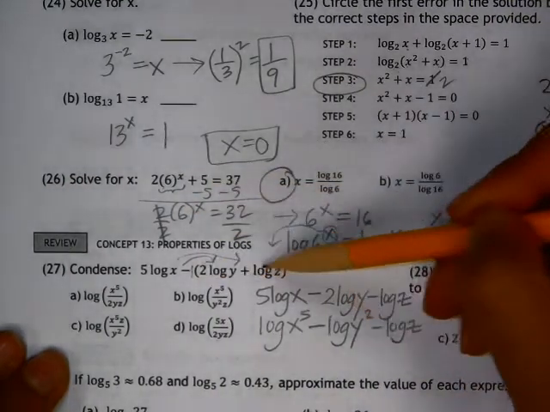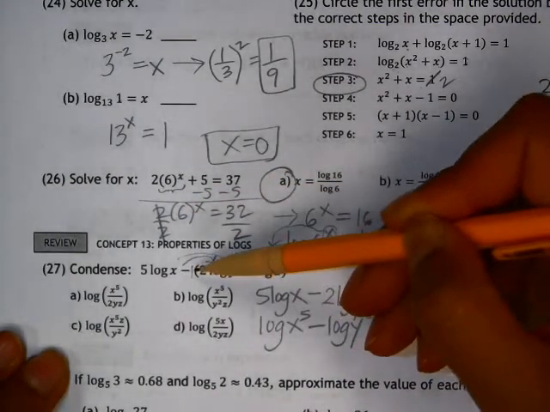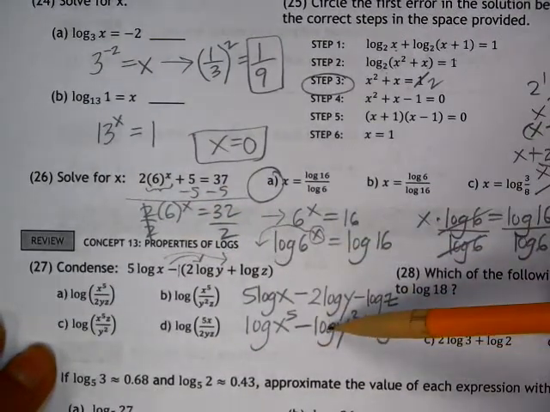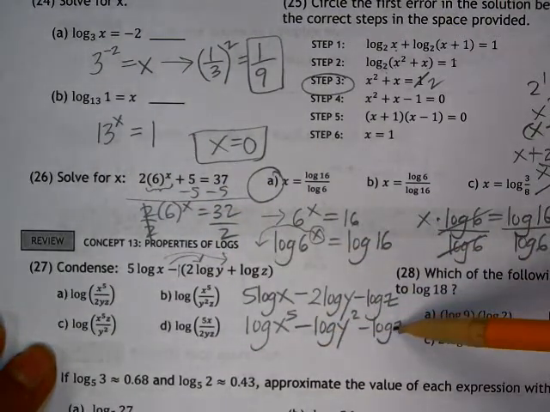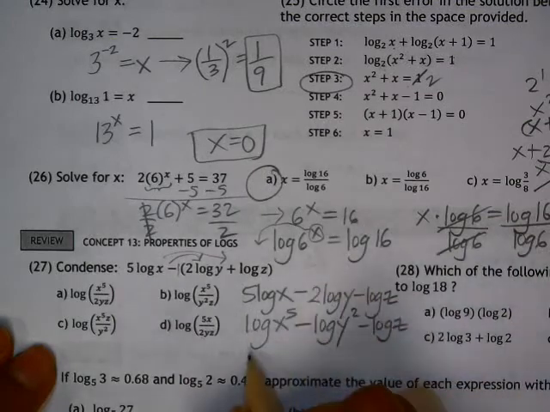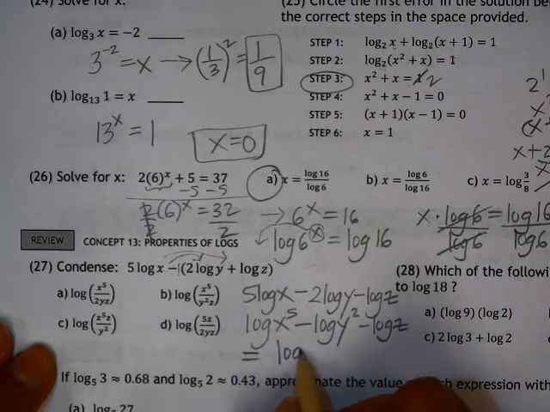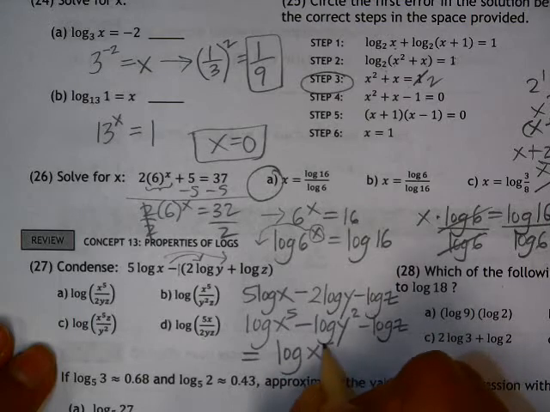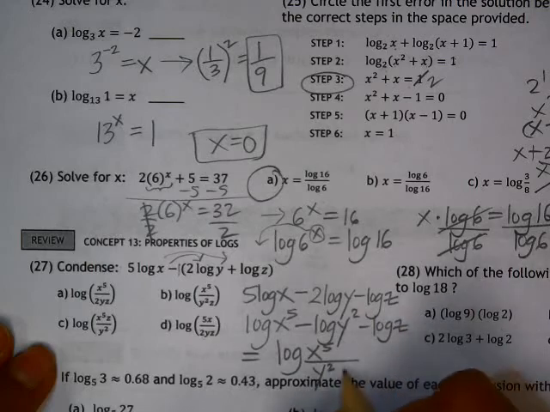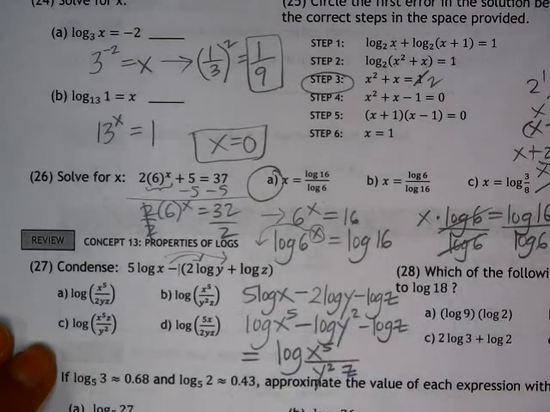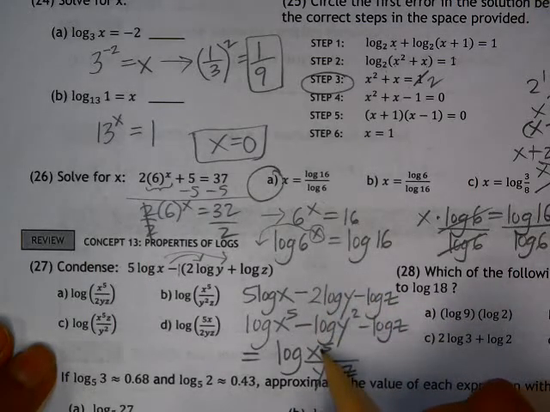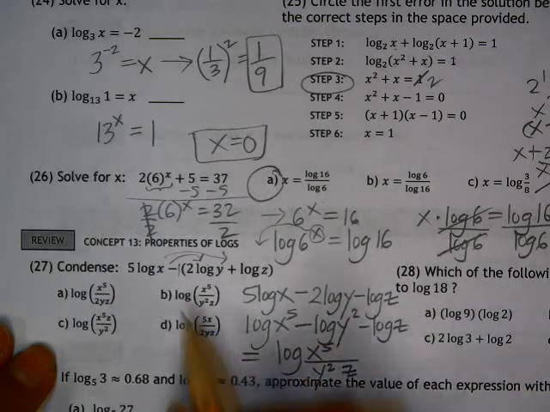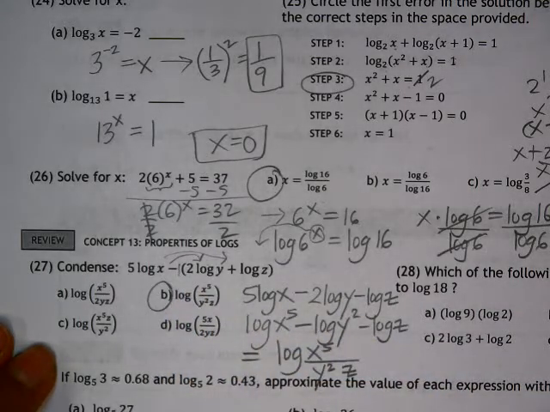Because this entire expression is being subtracted, we need to consider both of these terms for the quotient property, which allows us to divide x to the 5th by not only y squared, but also by z. So the equivalent expression here would be B, log x to the 5th over y squared z.